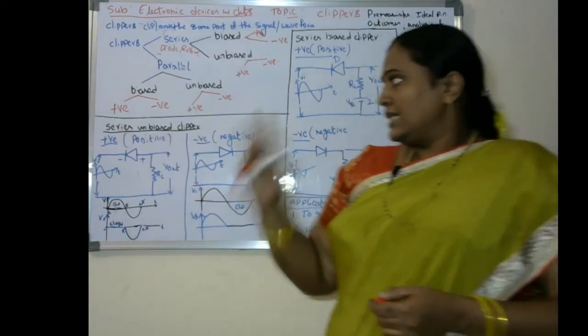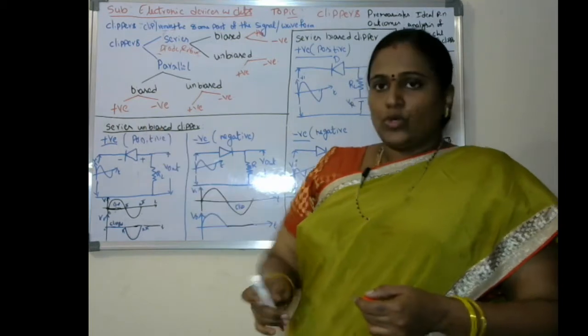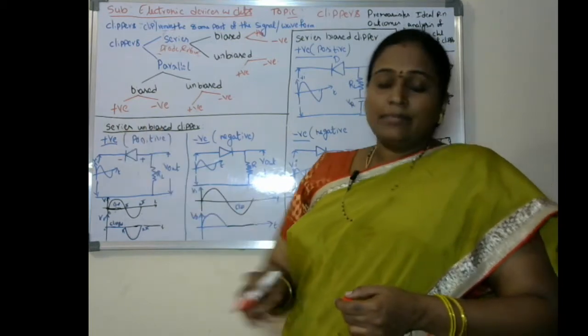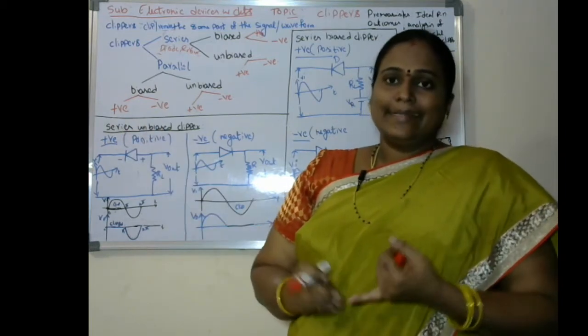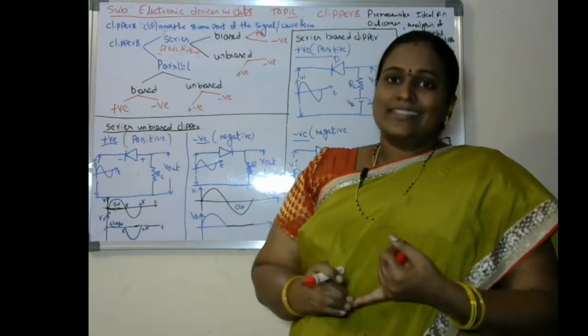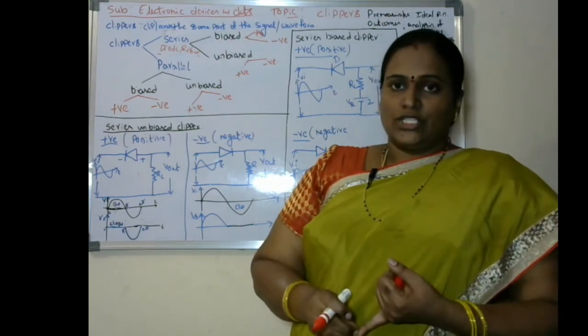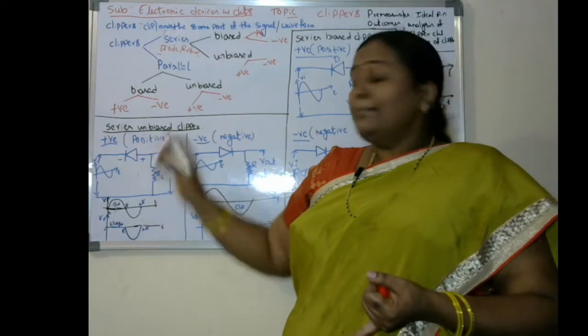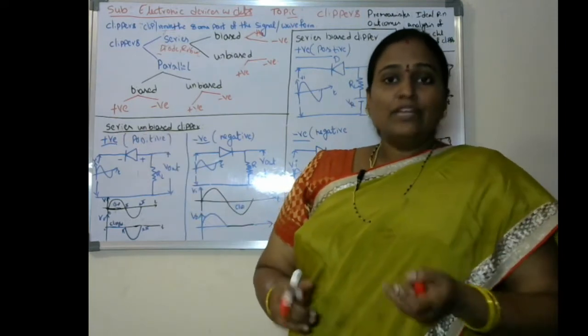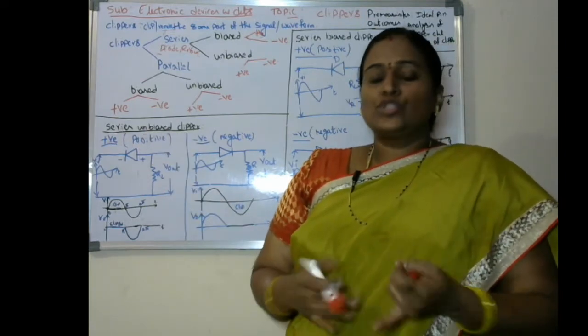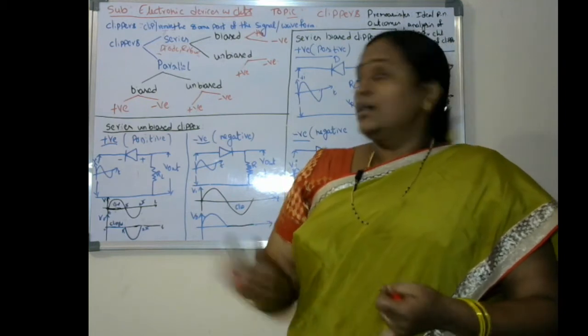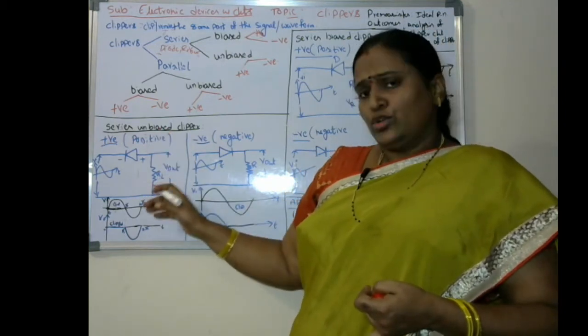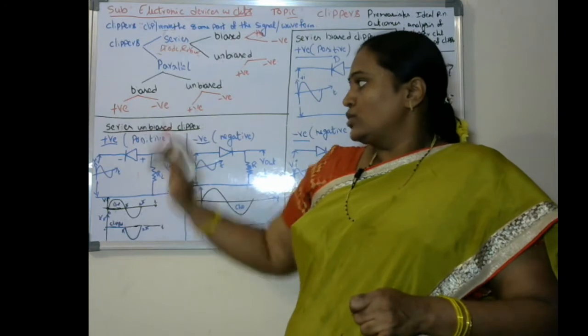In this there are two words we have to concentrate on. Series: the diode has to be connected in series with the resistor and the measurement of the voltage. Next, unbiased: we should not use any reference voltage. So, series.